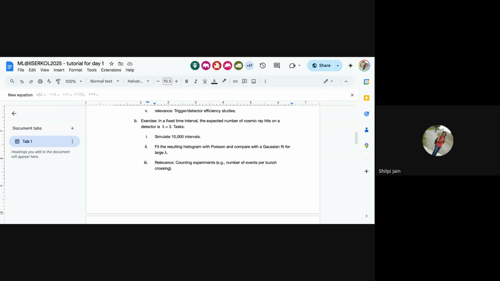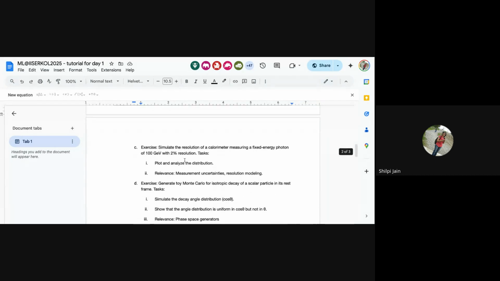This was a question in your quiz as well. Exactly, this is about the number of events, the number of cosmic rays hitting. So this always follows Poisson. But as you increase your lambda to, let's say, 10, 11, or 12, it approaches Gaussian. So you can do this exercise again.